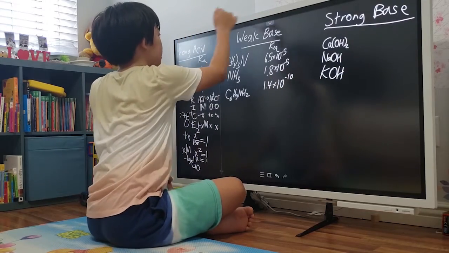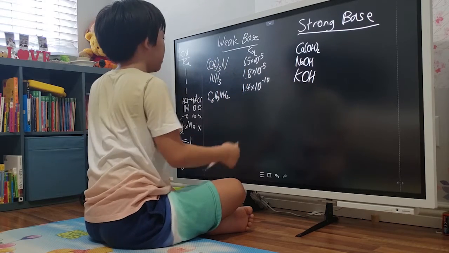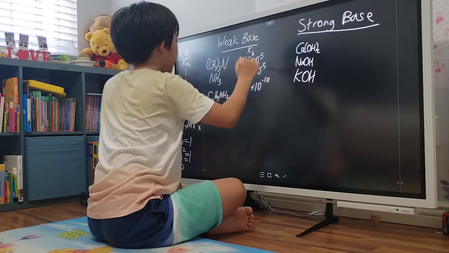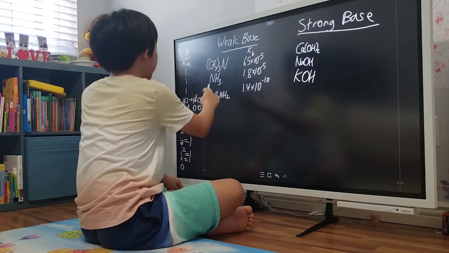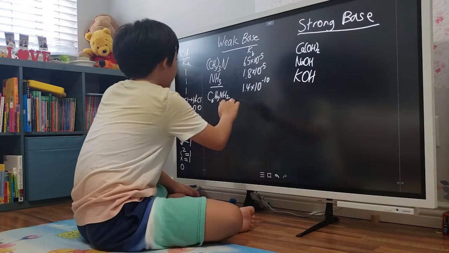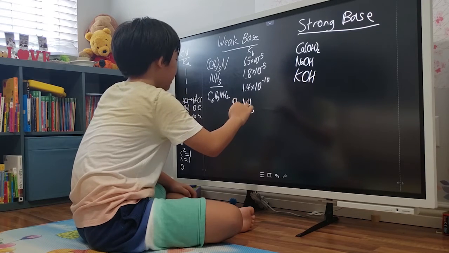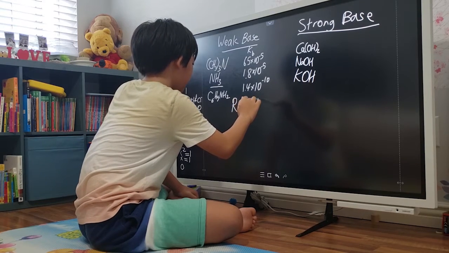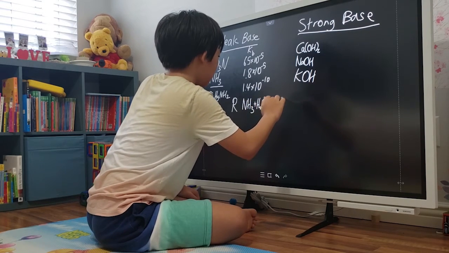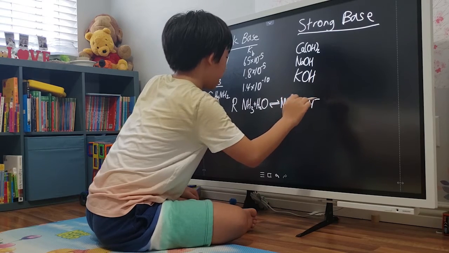Now, let's move on to the bases. The Keq for a base is not Ka, it's Kb. Now let's find the pH of NH3, or ammonia. So we have R, the reaction, NH3. Now it's a base, so it's going to accept a proton, going in equilibrium, becoming ammonium plus hydroxide.